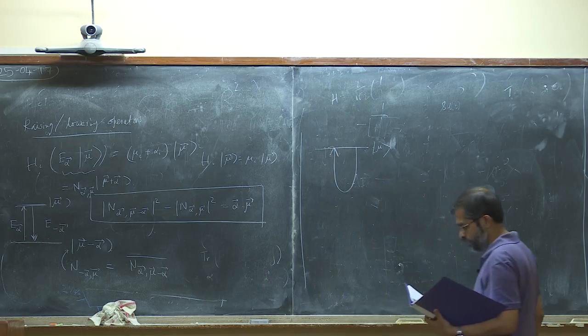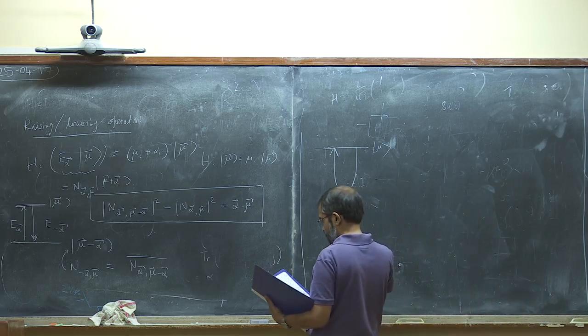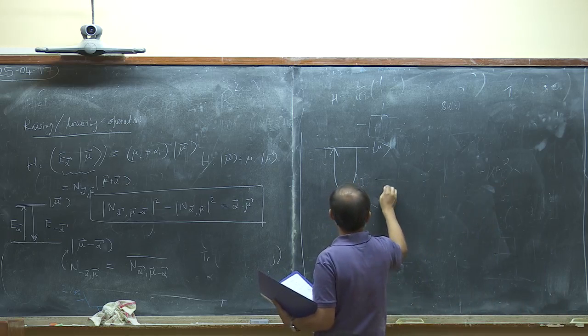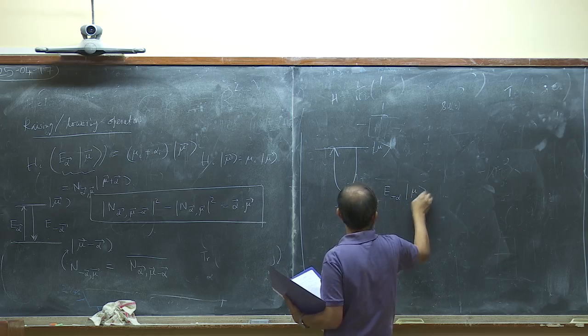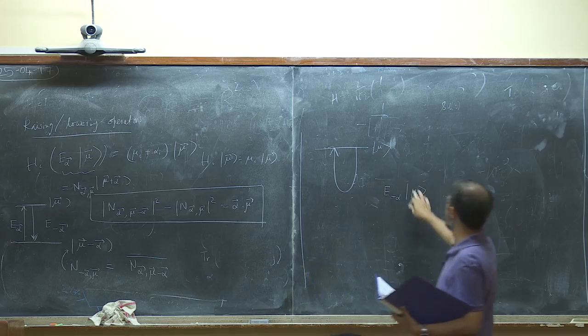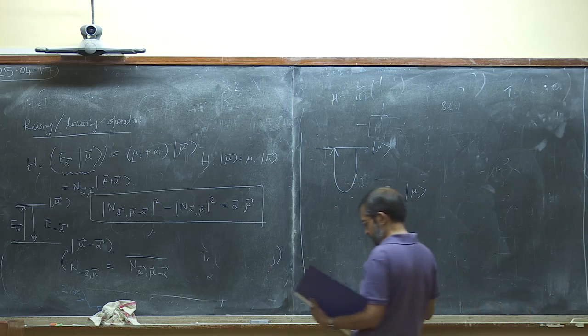I go down and I come back. That means I am acting with E_{-α} first and then E_α on μ. I am now not writing the arrows anymore; these are understood.